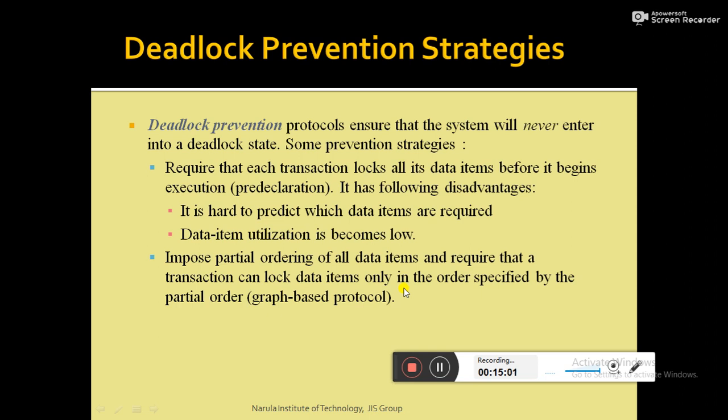So multiple data items are there, and we have to impose an order in which the data items may be accessed. While making a lock request, a transaction can access the data item only by maintaining that partial ordering. We have already seen that in the graph based protocol or tree based protocol. In the next slide we will show more developed prevention techniques.